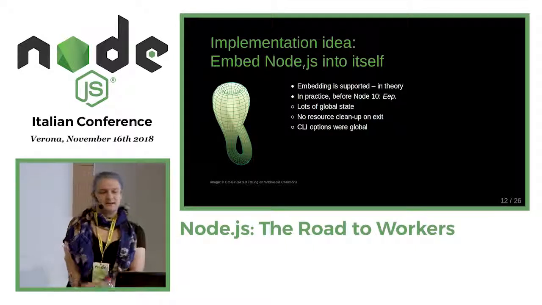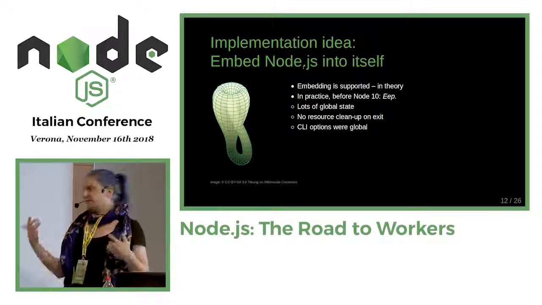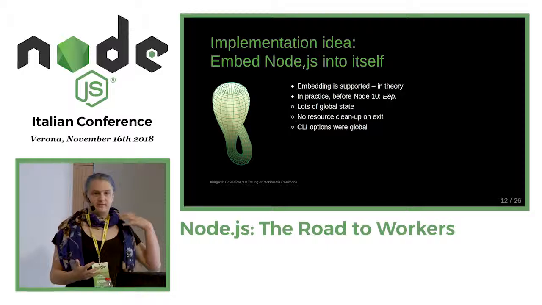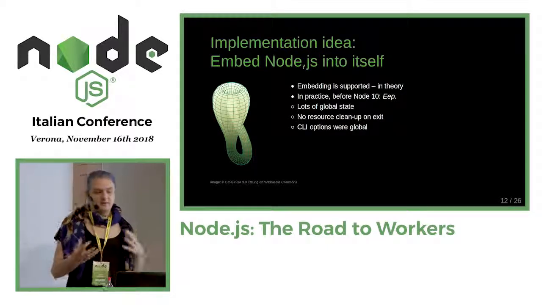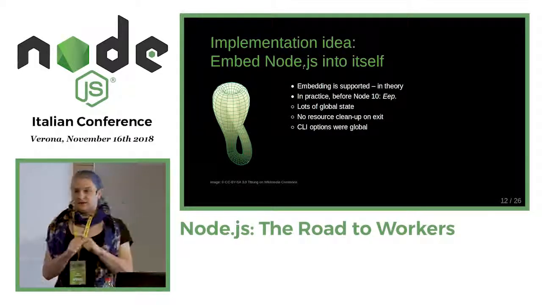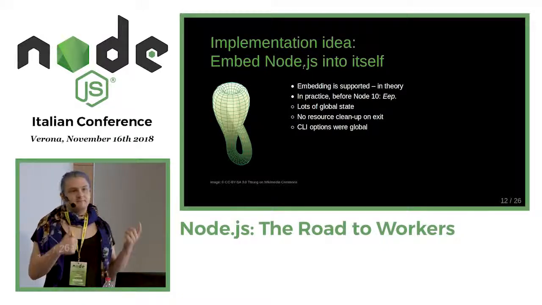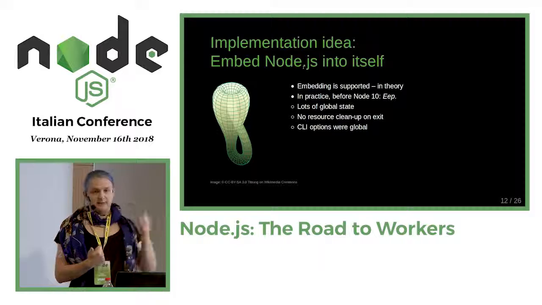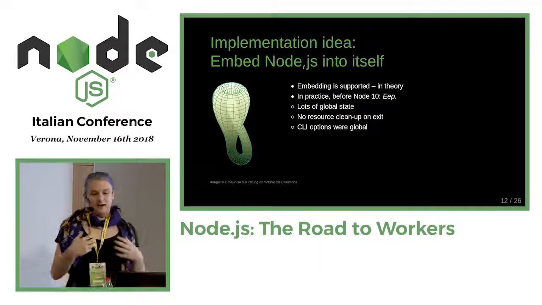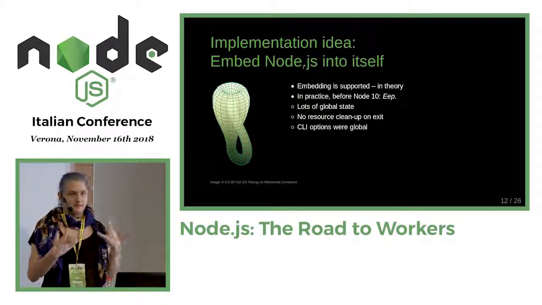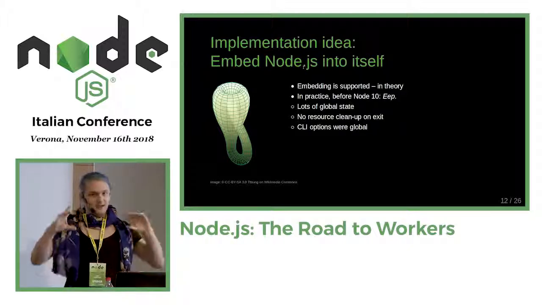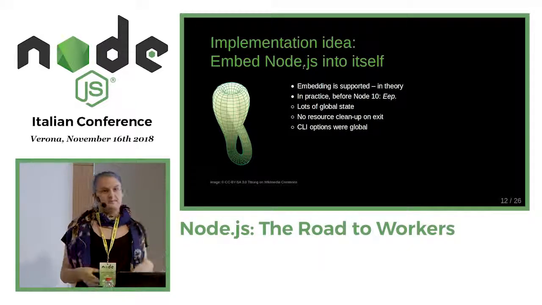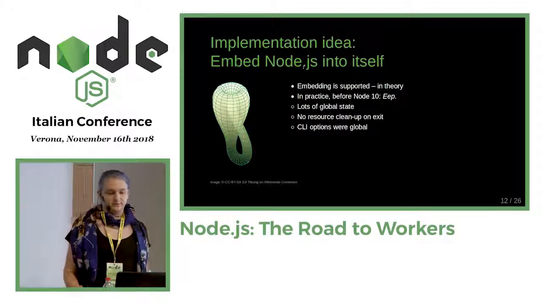And so in practice, before we introduced worker threads, we were running into a lot of the same problems that we were running into with embedding. Lots of global state, that's not good. It's not an issue if you have only one thread running at a time, but if you think about running multiple threads at the same time and they access global state at the same time, that's race conditions. That's what you want to avoid.